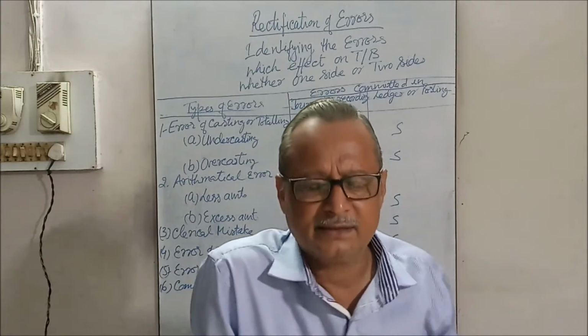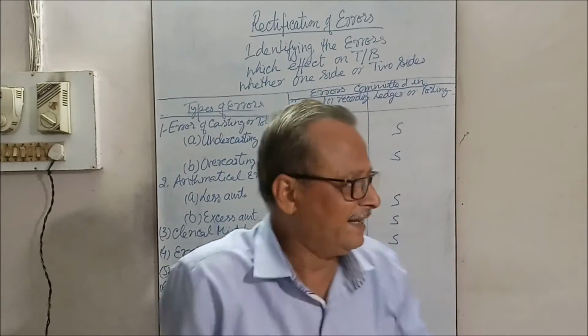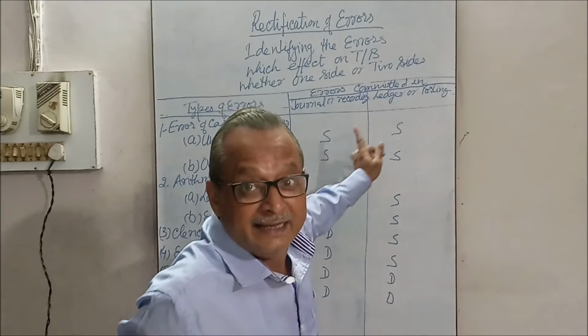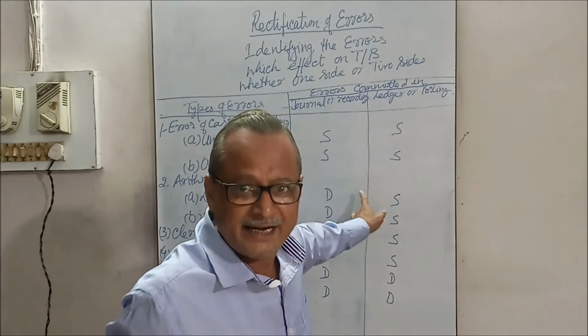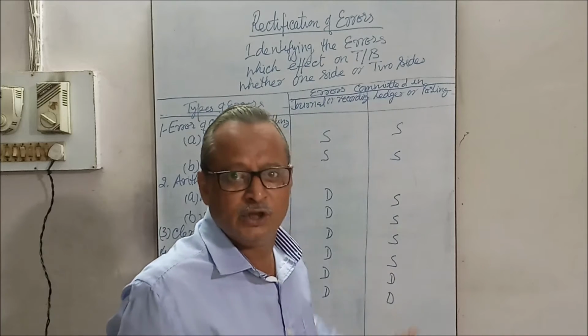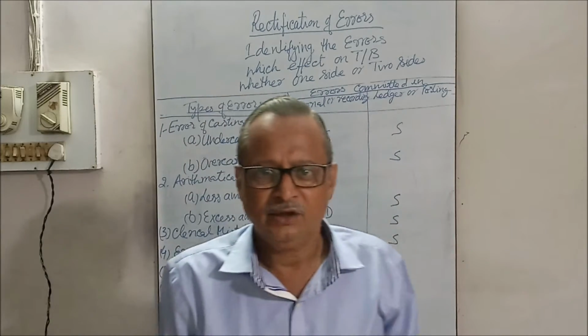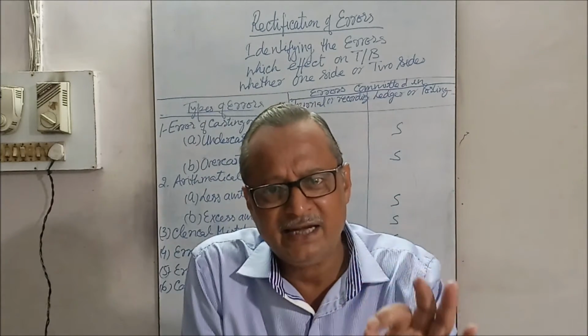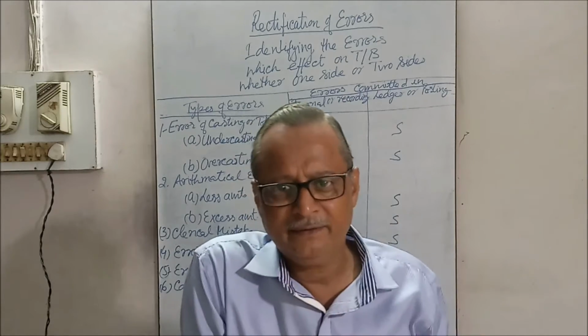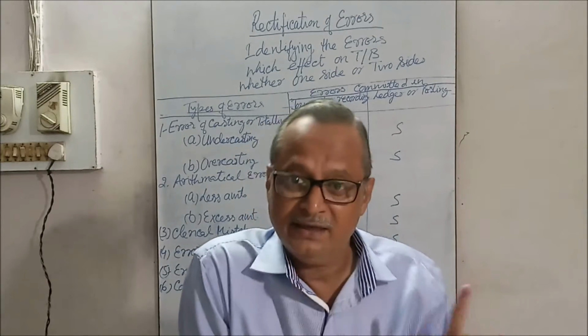In both cases, if the single-sided error is detected before preparation of trial balance, only one side we have to correct, so we will write a single statement to rectify. We will not pass the journal entry for it.